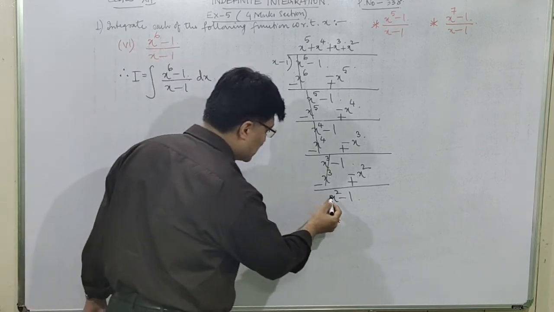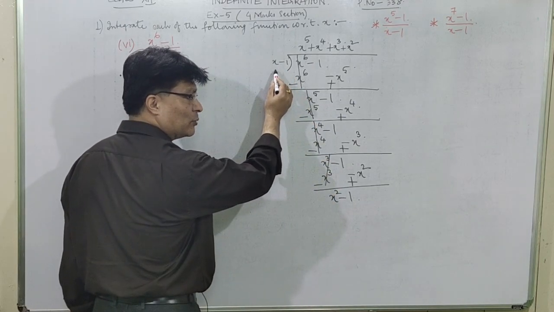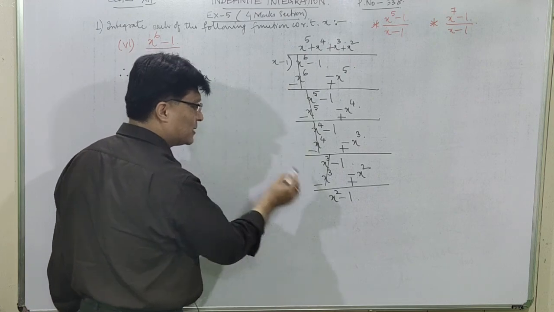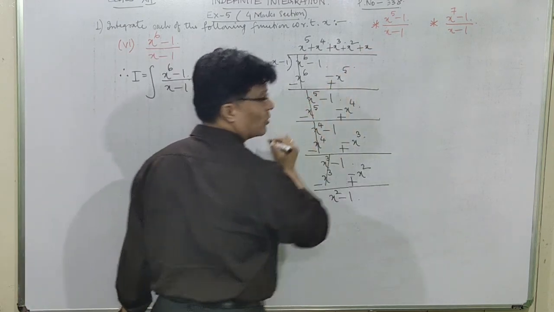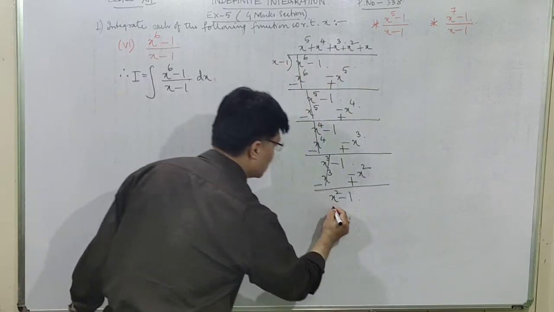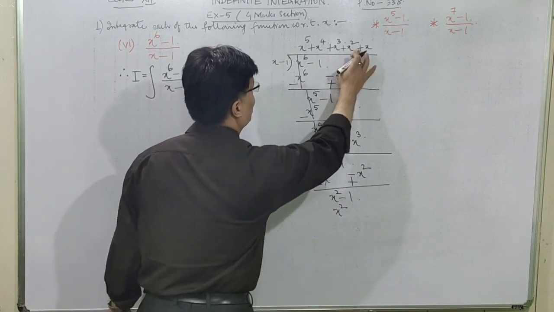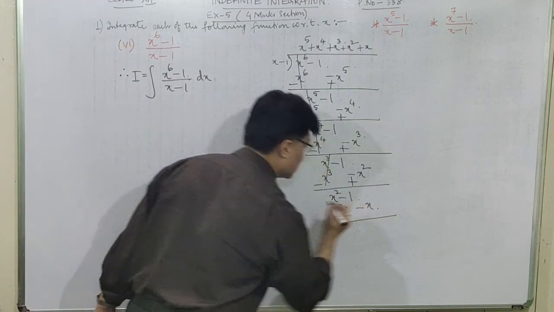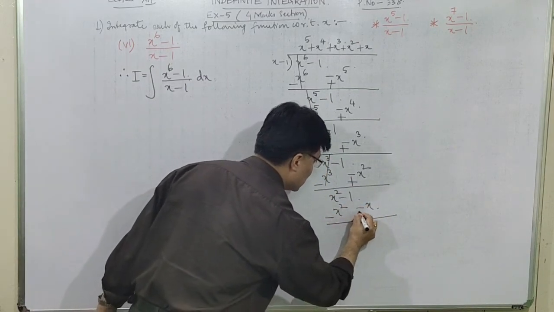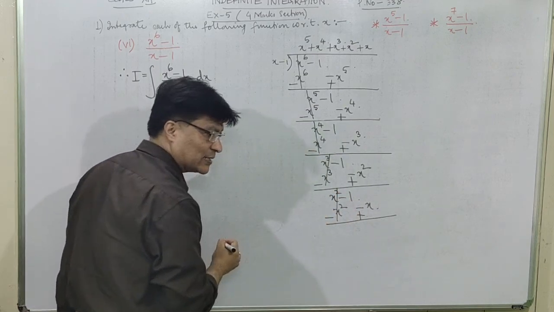So again there is x square, here it is x. Again you have to multiply x by x to get x square, isn't it? So plus x now. So x into x is x square, plus into minus, minus x ones are x. Now change the sign. This is minus, this is plus, x square gets cancelled.